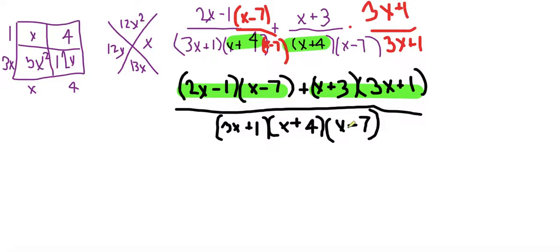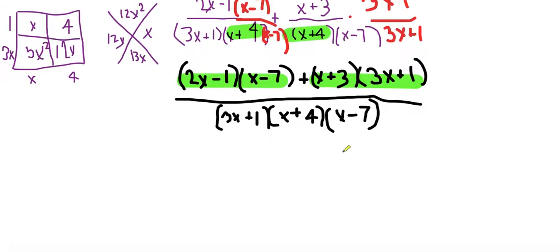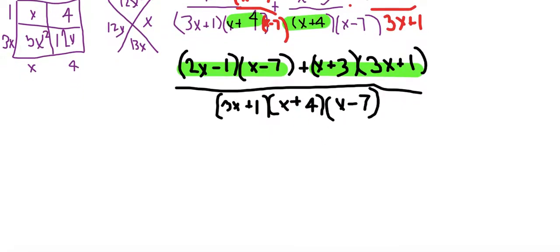I want to say, oh, I see an x minus 7 here and an x minus 7 here, but the top is not written as a product because of this plus sign. So I'm going to expand this first term, expand this second term, add my like terms, factor those, and then see if anything cancels out here.